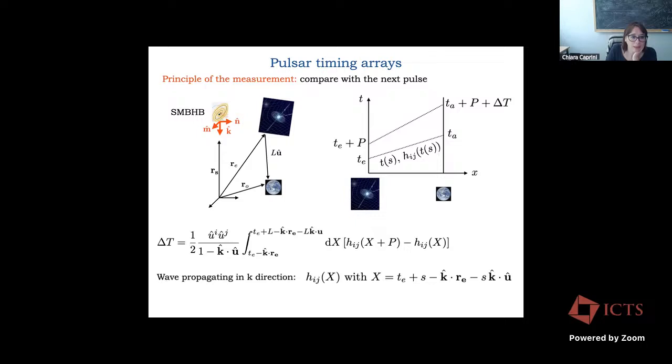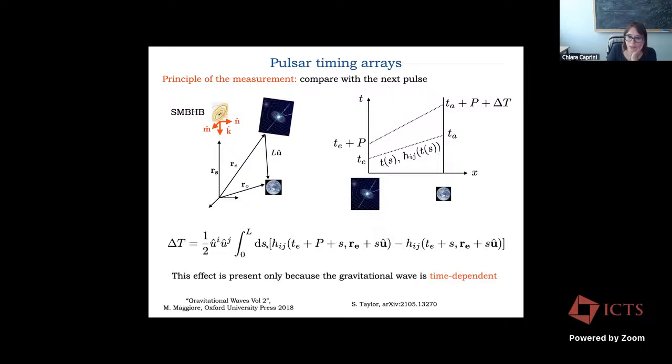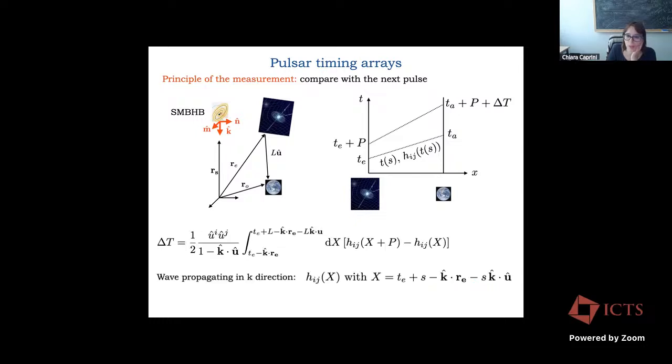So we arrived at this formula for the time difference here at Earth, and we did this just by a change of variable, assuming, of course, with respect to this equation here, that Hij has a waveform.